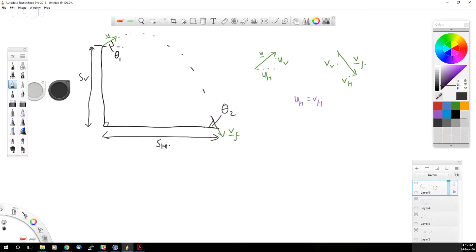Another way of doing it is to pick the point at the top where the velocity is entirely horizontal, which is, of course, equal to the horizontal component of the initial velocity, and think about the times there. So yes, lots of different ways of solving this, but the important thing is setting up your problem at the start.